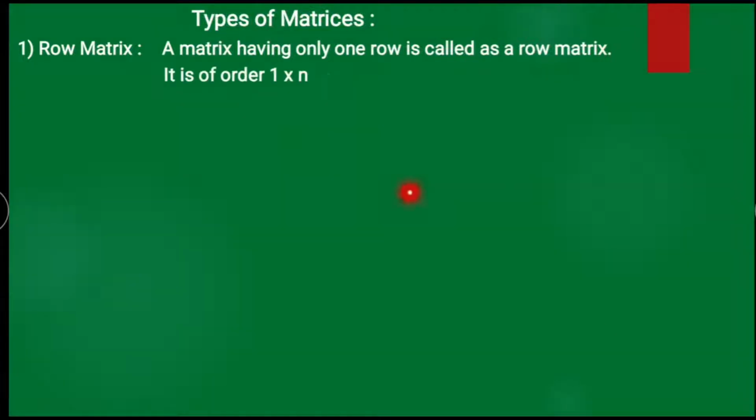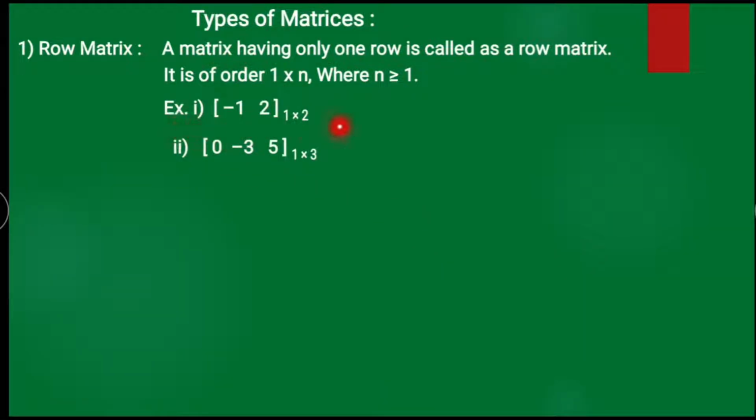So we write here it is of order 1 by n, where n is greater than or equal to 1. That means there may be one or more than one column. So we always remember, when a matrix contains only one row, then that type of matrix is a row matrix.